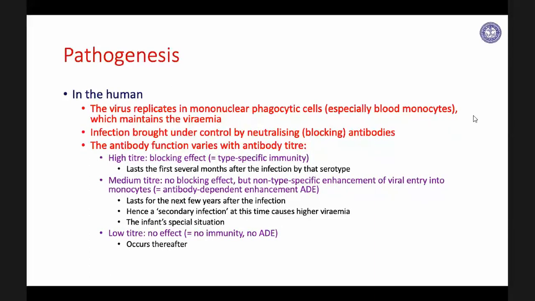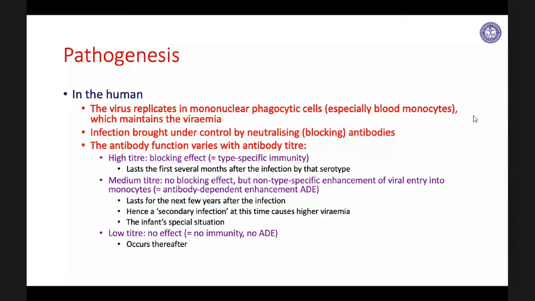Now, the same sort of thing happens to the newborn baby also, because as you know, when babies are born, they carry IgG antibodies from their mothers. And if the mother has had a very high titer of the dengue antibodies during the latter part of the pregnancy, she would have transferred some of the IgG antibodies to the baby also. And the baby might be having medium level titers.